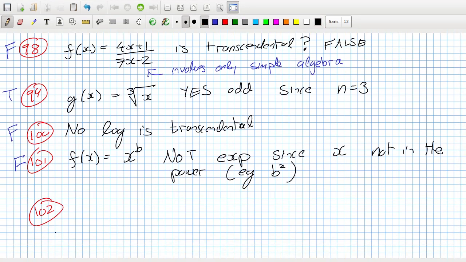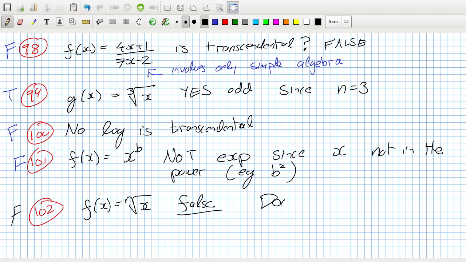The domain of an even root function is all real numbers. So let's take an example like f of x equals root x. That's the second root. No, it's not all real numbers. That's false.